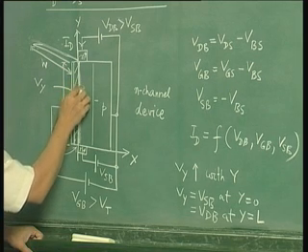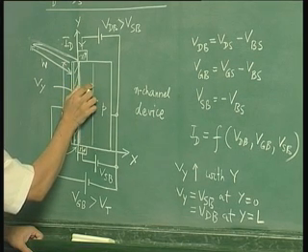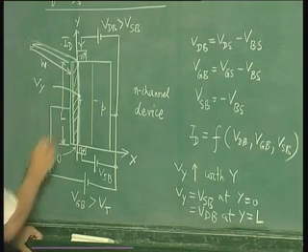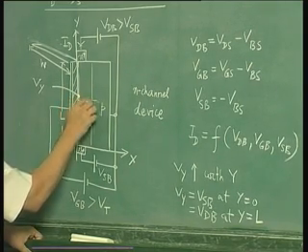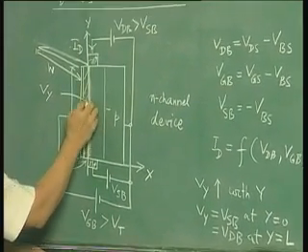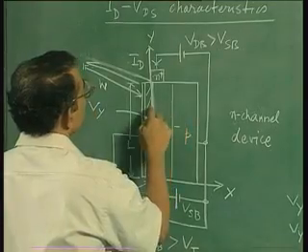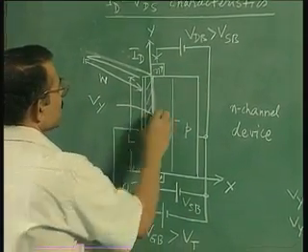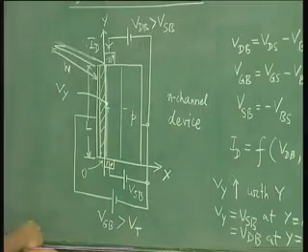So since the total charge here will decrease, but since the voltage drop across the inversion layer is increasing, because increase in Vy, obviously voltage drop here is increasing, the depletion layer has to expand. So the depletion charge should increase as you move in y direction.